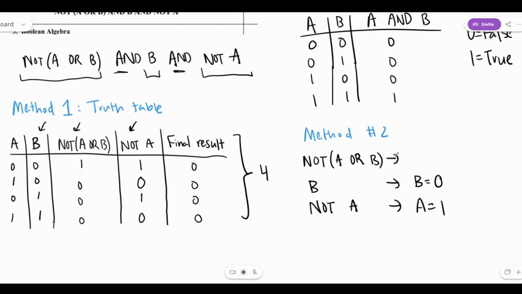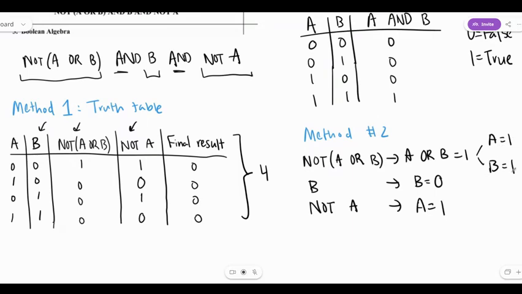And it's easy to see when A would be false, which is when A equals 1. And then, for not A or B to be false, then A or B would be true, which means that A is 1 or B is 1. And if A is 1, you could also have B is 1, or you could have B is 0.